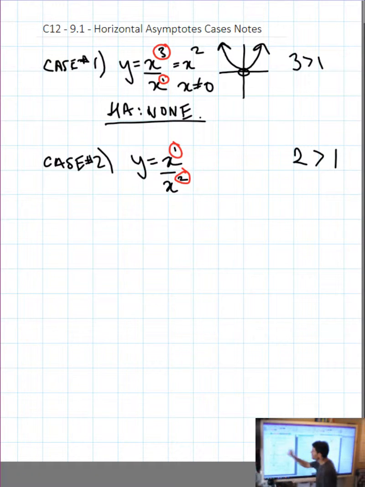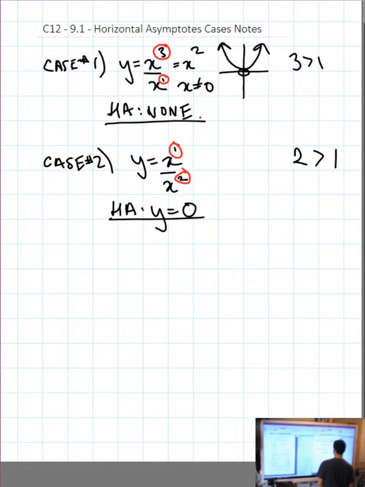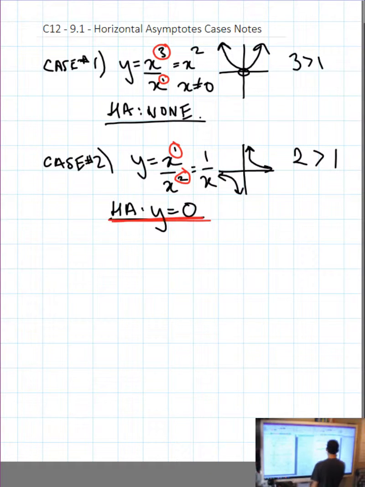So again, if the exponent of x is higher on the bottom than on the top, the horizontal asymptote is y equals 0. Now this simplifies to be 1 over x, and now we've seen from the last sections that the graph looks like that. And as you can clearly see, we have a horizontal asymptote at y equals 0.